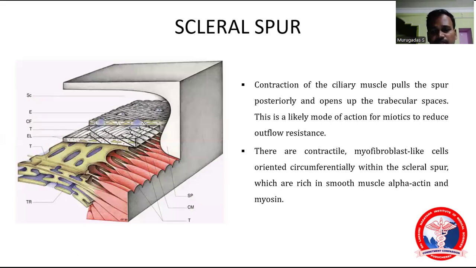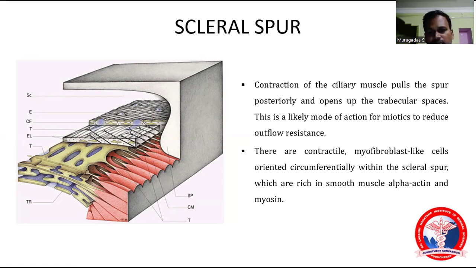Contraction of the ciliary muscle can exert some pull over the scleral spur posteriorly and opens up the trabecular meshwork. This is a clinically significant point: the contraction of the ciliary muscle can pull the scleral spur, which in turn can pull the trabecular meshwork and enlarge the pores.